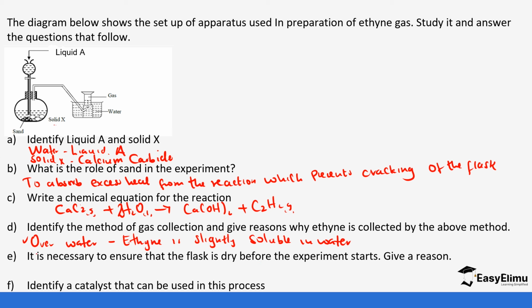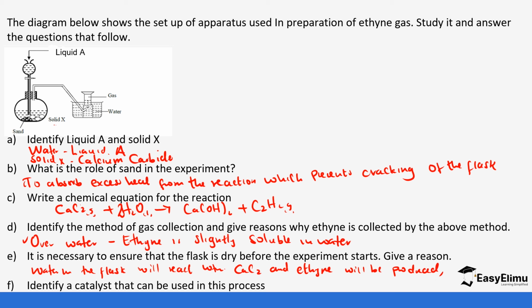The reason why we need to ensure that it's dry is that if the flask is not dry, the water in the flask will react with calcium carbide and ethyne will be produced. So you see it's being produced even before the reaction has begun. So that is what is going to happen.